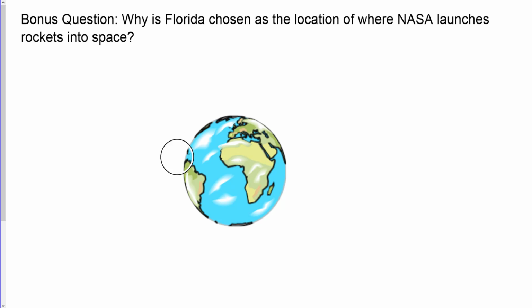So here's the thing. Earth rotates on a tilt, but I'm going to kind of ignore the tilt, and I'm just going to use a north and south pole here. So Earth is going to rotate on this north-south pole. Now, when it's rotating, that's the axis of rotation.